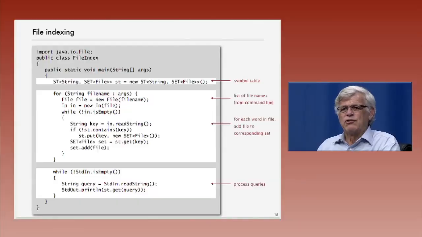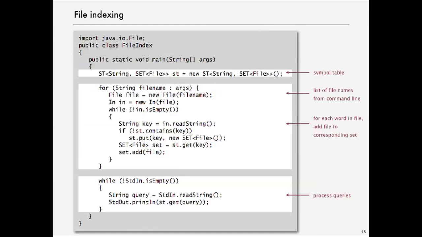Here's the implementation of FileIndex using our symbol table implementation. Now we're going to build a symbol table that associates string keys with sets of files. So this creates a new symbol table associating string keys with sets of files. The first thing we do, as before, is build the index.